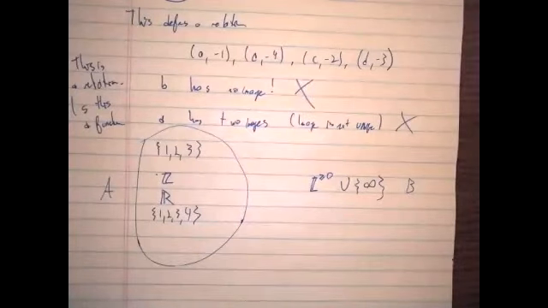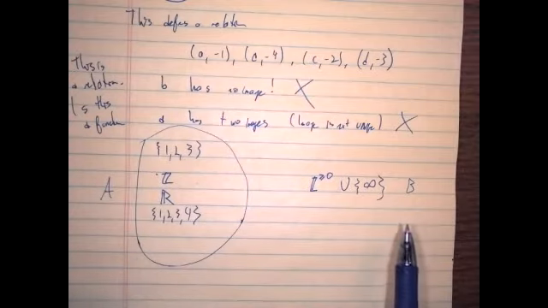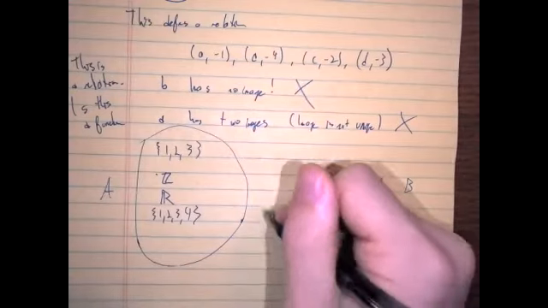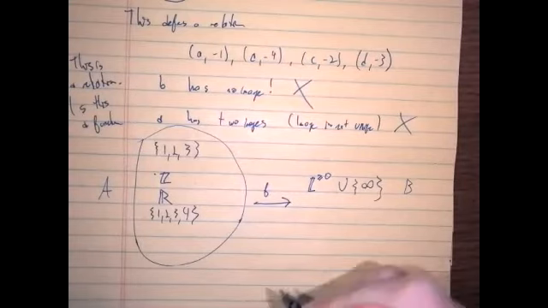Okay, here are 2 sets. And then I'm going to define a function from A to B, which is called the cardinality. Now, f from A to B is going to be called the cardinality function.